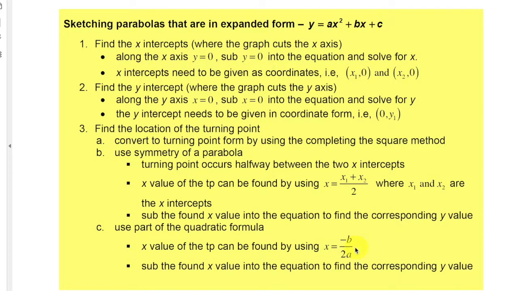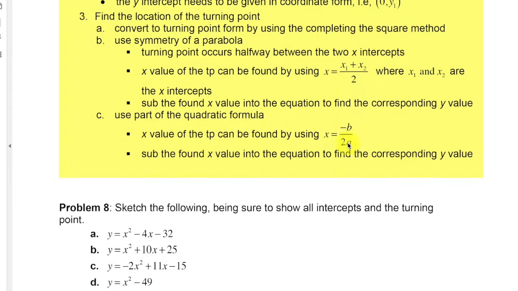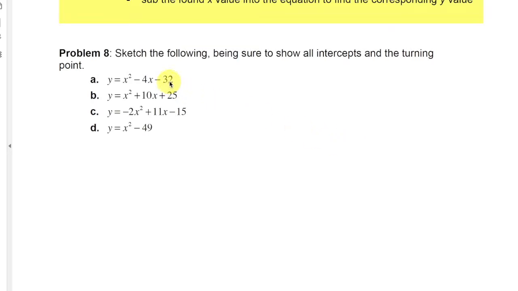And we can also use this rule here that will help us get the x value for the turning point. And again, sub that found x value into the original rule to get the corresponding y value. So let's look at sketching some of these. In problem 8, we've got a variety of different rules or equations, and we have to sketch those.